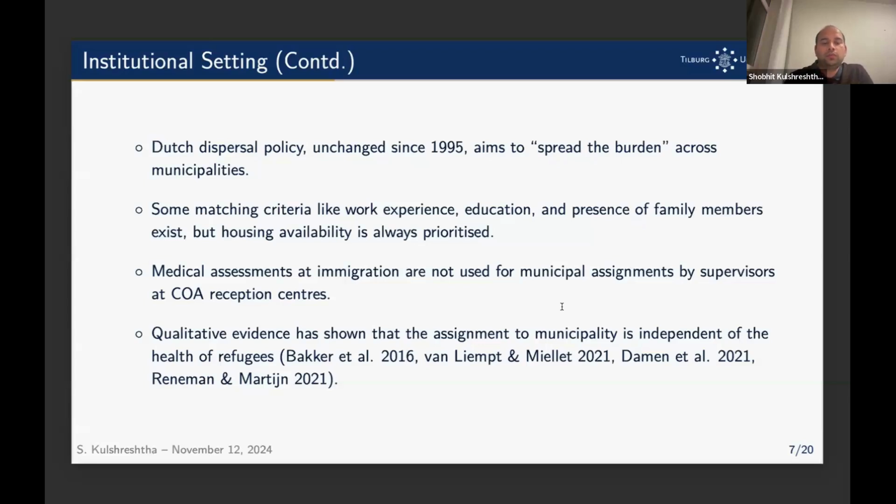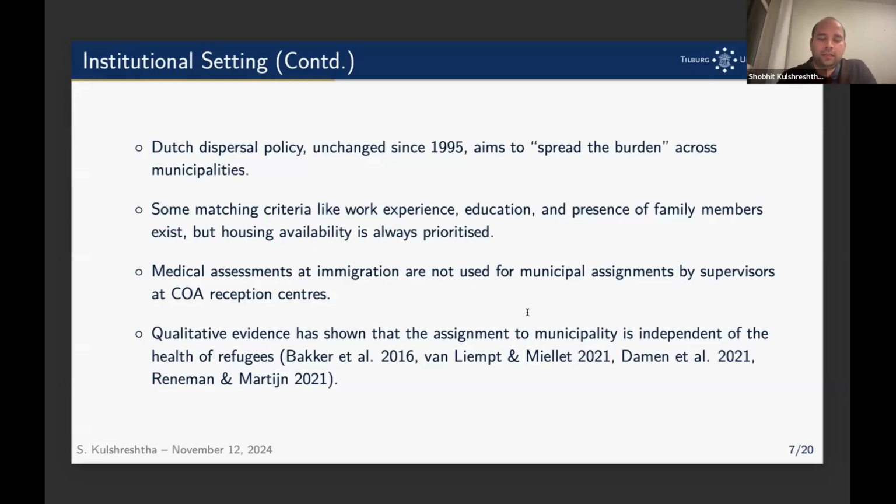Although they started to introduce some matching criteria, for example, education, work experience, and if they have some family ties in the Netherlands, housing is always prioritized, mainly because it's very hard to find social housing in the Netherlands. The moment you find availability, they are just sent to that location. So it's not like they have a choice.